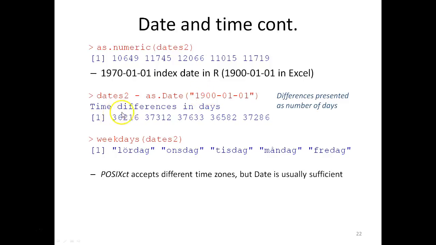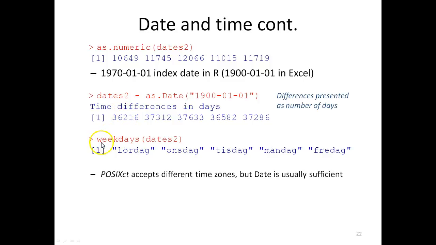Then we get a time difference in days, and R actually tells us that it is a time difference. So 36,216, that's the number of days that have elapsed between January the 1st, 1900 and the first date stored in dates.